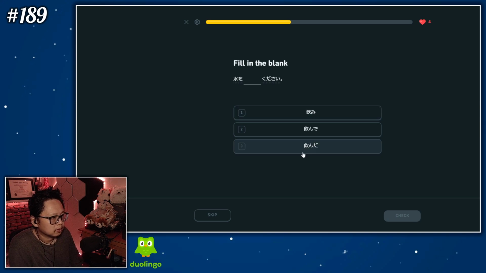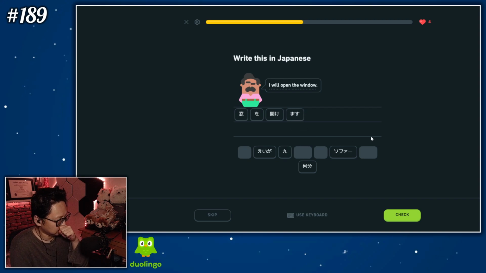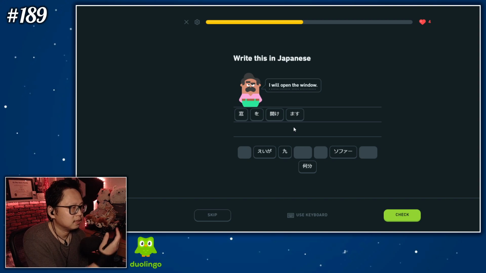Mizu o nonde kudasai. Okay. 窓を開けます。Akemasu. Actually, these are technically new vocabulary, like new kanji, but they're not new to me anymore because of other things. So, yeah, mado o akemasu. Akemasu.